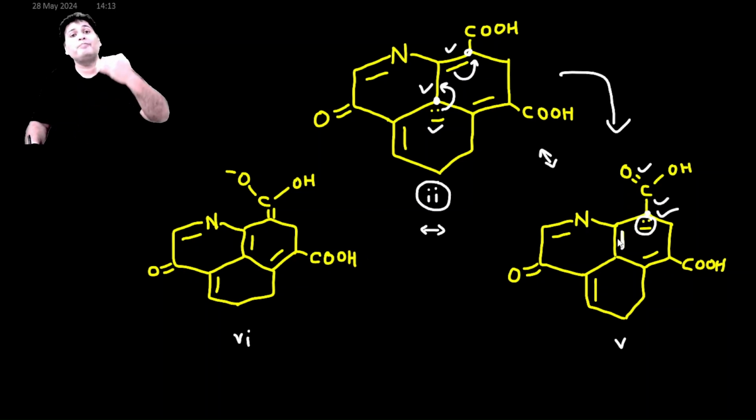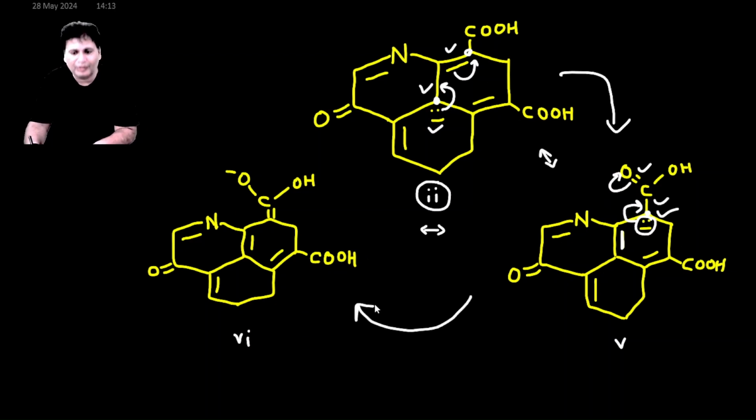So you will keep on doing the next structure also. So you have to delocalize these electrons like this, and simultaneously these pi electrons are going to sit on oxygen, and you are going to get this particular structure. As you can see, now a new pi bond has been created, and the older pi bond is now seen as a lone pair and minus charge on this oxygen.